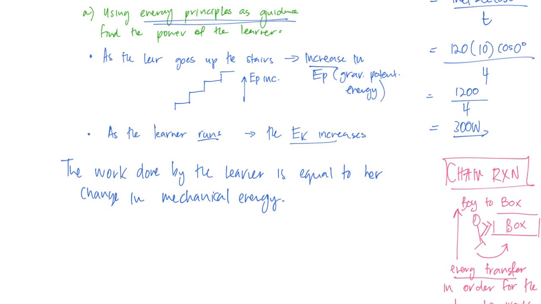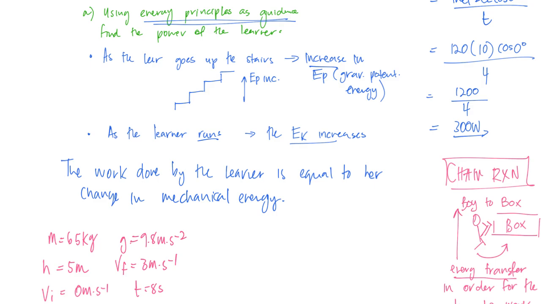I know here that I've got a mass equal to 65 kilograms, height 5 meters, g I know is 9.8 meters per second squared, v initial is equal to 0 meters per second, v final is 3 meters per second, and the time taken is 8 seconds. That's my setup.